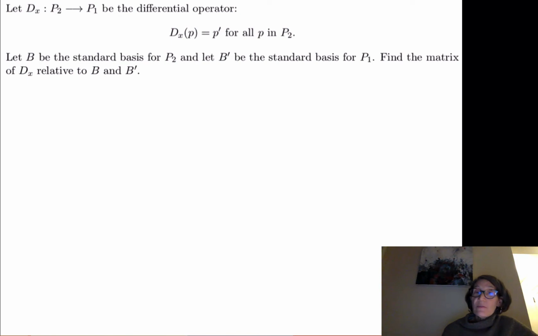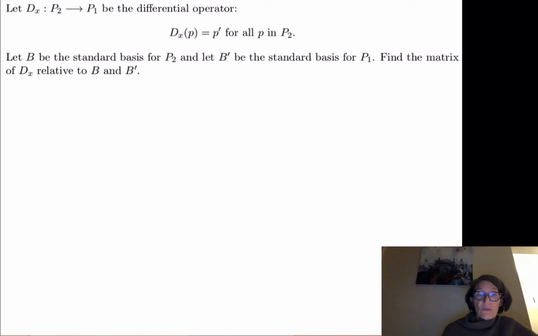Remember, the dimension of P2 is 3, and the dimension of P1 is 2. So if we use the standard bases for R3 and R2, we can use coordinate vectors. So let B be the standard basis for P2, and let B prime be the standard basis for P1.